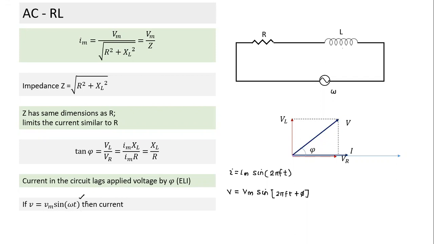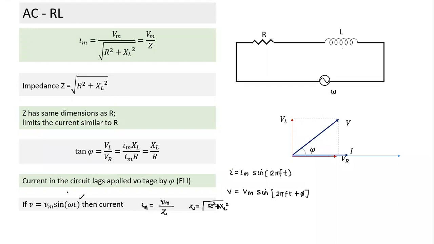To find the current amplitude, first I have to find Im. Im will be equal to Vm divided by impedance. So first I'll find the impedance. Impedance will be equal to root of R square plus XL square. Once I find the impedance, I can find the amplitude of current. What is left is finding phi.